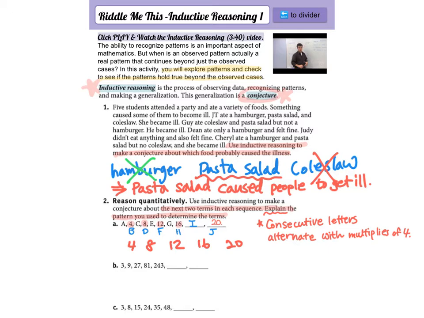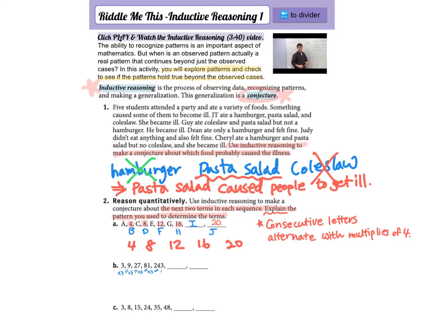Let's move on to B. It has 3, 9, 27, 81, 243. Let's find the other two. In this case, the numbers are getting bigger faster than just adding the same number, right? In that case, I'm going to check if multiplication is working. So 3 times 3 is 9. 9 times 3 is 27. What about 27 times 3? That's right, it's 81. 81 times 3 is 243.